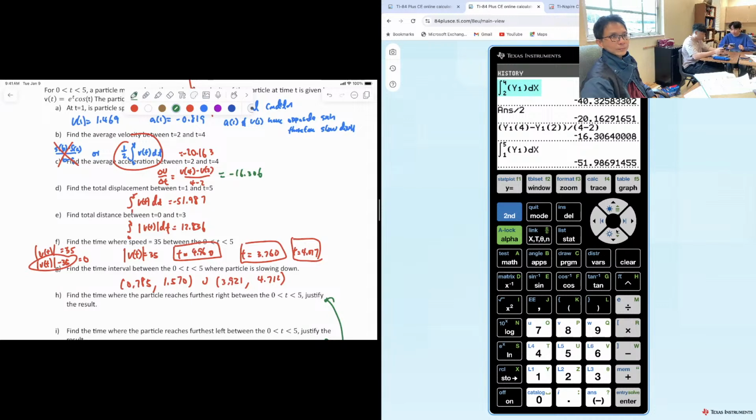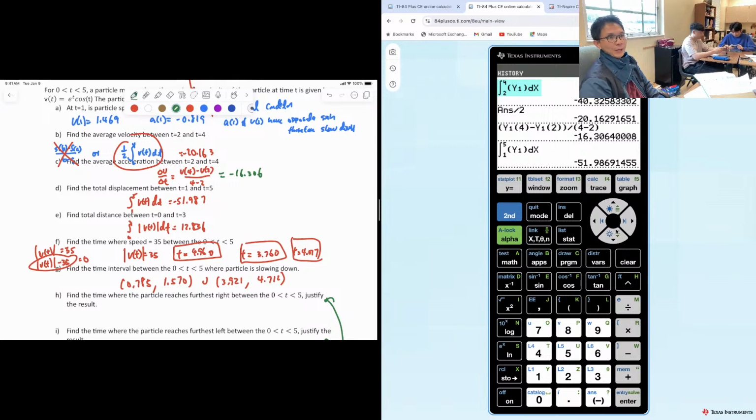Average velocity is S of b minus S of a, so there are 2 positions you plug in.